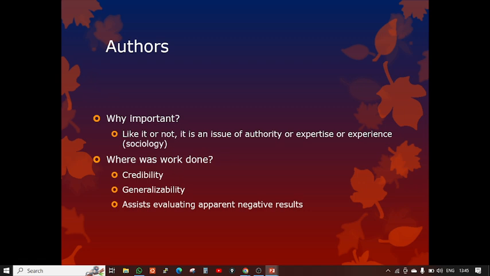So the importance of the authors is that they are the persons who mostly contribute, from the written work to the main research paper, in terms of authority, expertise, experience, etc. Where the work was done is the main thing. And creativity, generality, assessing, evaluating the paper and negative results, all these should be mentioned.